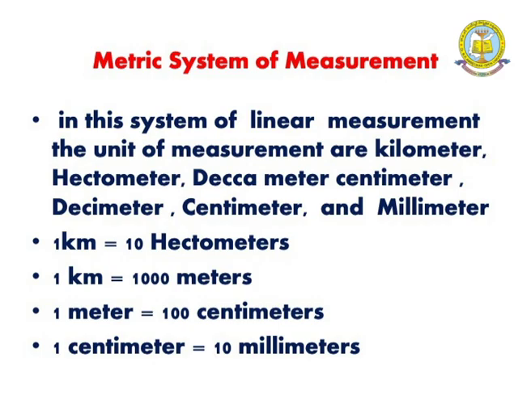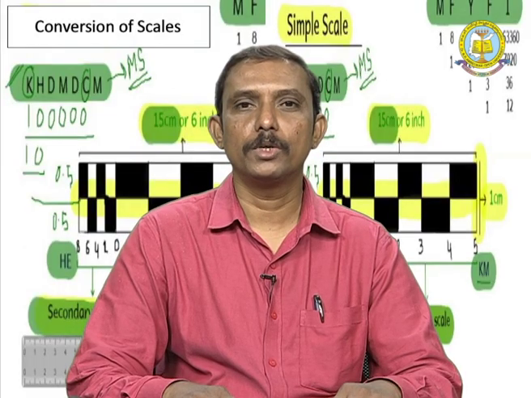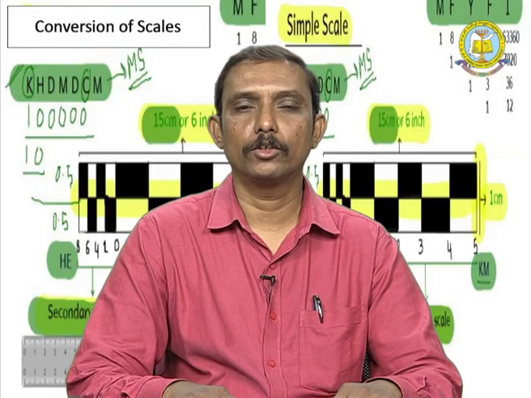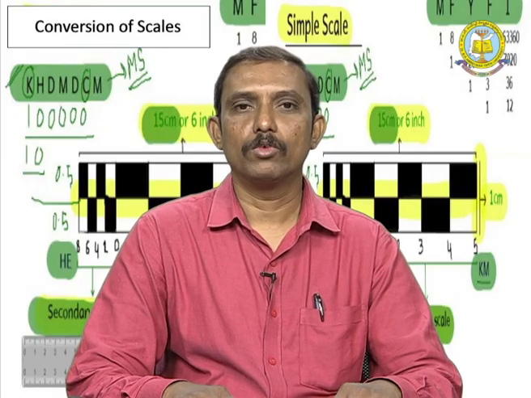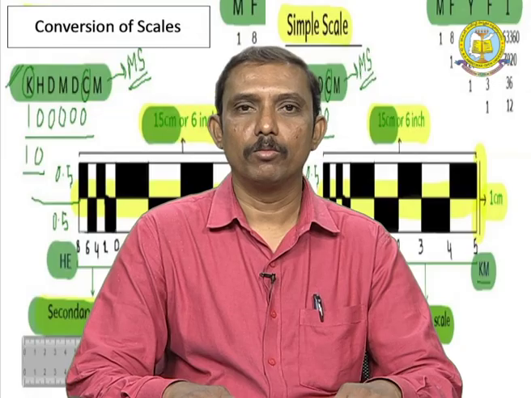Just see these measurements. 1 kilometer is equal to 10 hectometers, 1 hectometer is equal to 100 meters, 1 meter is equal to 100 centimeters, 1 centimeter is equal to 10 millimeters. These are the metric conversions.